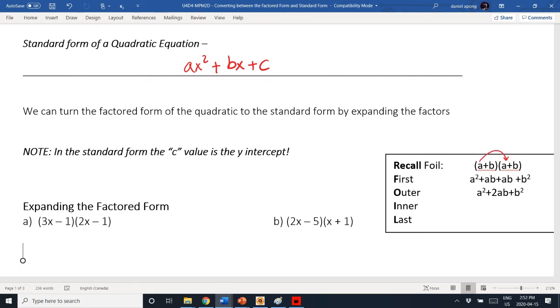Then we do the outer, a times b, so we get one of the ab here, and then we will do inner, b times a, and then last, b times b, we get b squared. And then we simplify by adding the two middle terms, because they have like terms, and we get our simplified expression. So let's use that technique here.